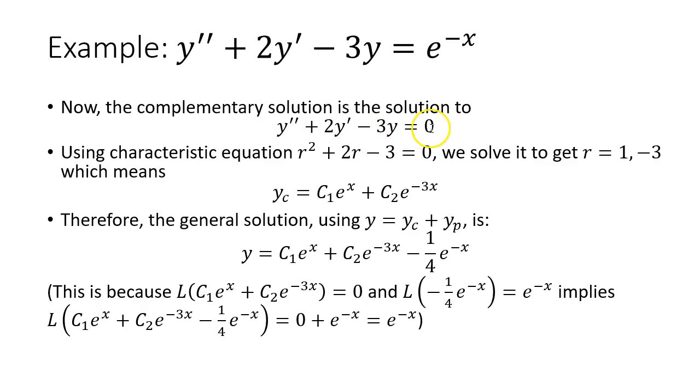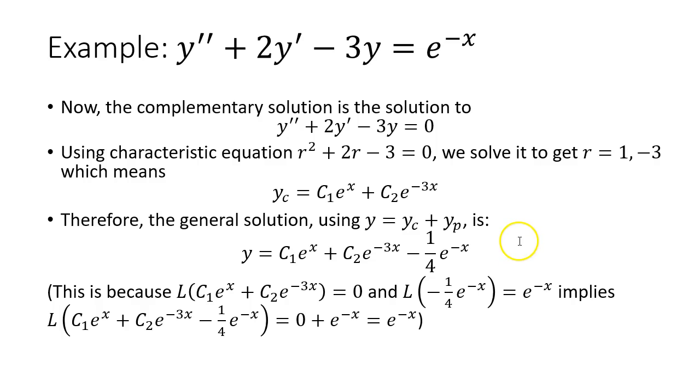It is the solution to the homogeneous differential equation, which means you put 0 on the right, write down the characteristic equation, and solve it. You get 1 and negative 3, and it gives you this. Finally, the general solution is the complementary plus the particular, and this is the answer to the differential equation.